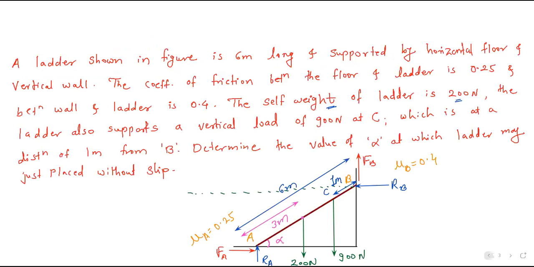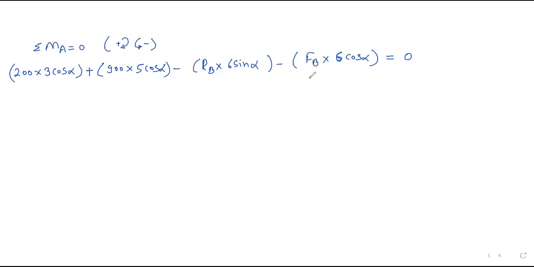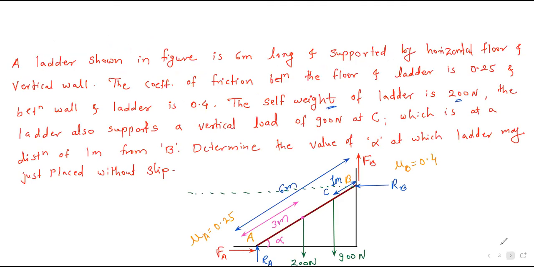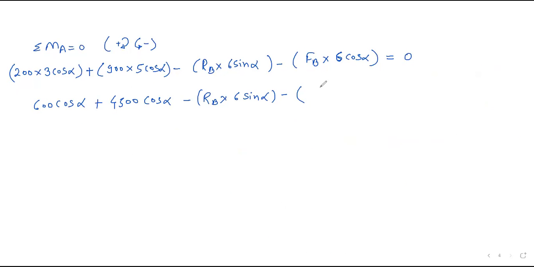We know that FB, this is 0.4. So here you can write 0.4 RB. So in this problem you can write 200 into 3, how much? 600 cos alpha plus 9 into 5, 45 cos alpha minus RB into 6 sin alpha minus, here it is 0.4, 0.4 into 6.